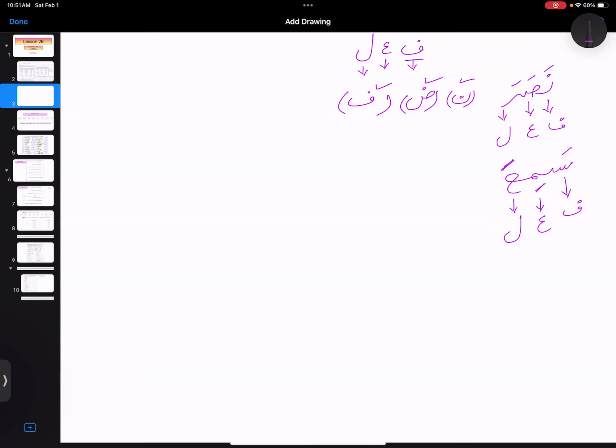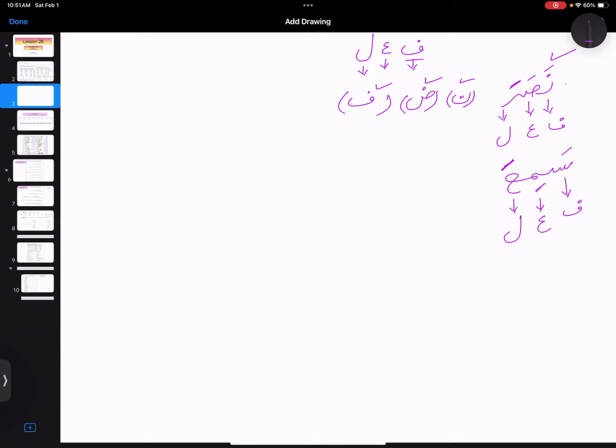Even in madi, the first root letter is going to have a fatha most of the time. The last letter also is going to have a fatha, rather I should say all the time. The regular madi always ends on fatha.